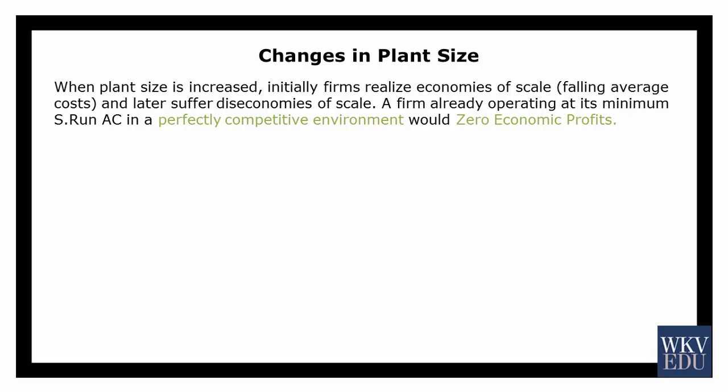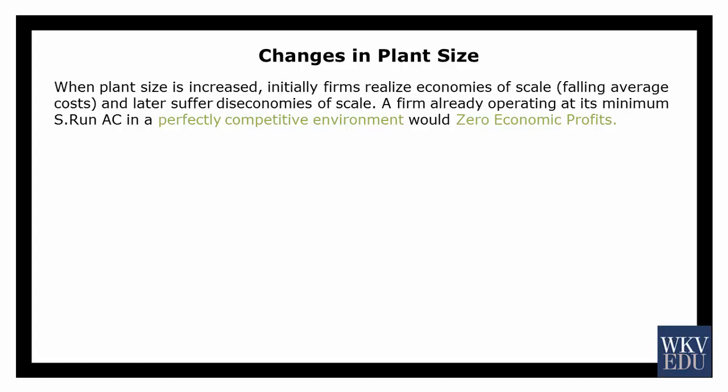Why is there economies of scale? Because the firm produces more, the fixed cost remains constant, such that the overall average cost starts falling. That is the initial case. Later on, the firms suffer diseconomies of scale.